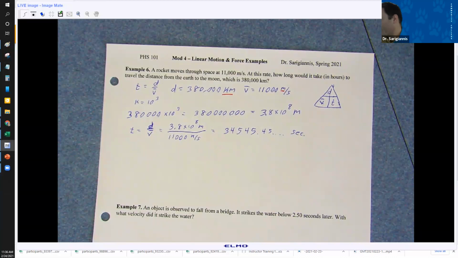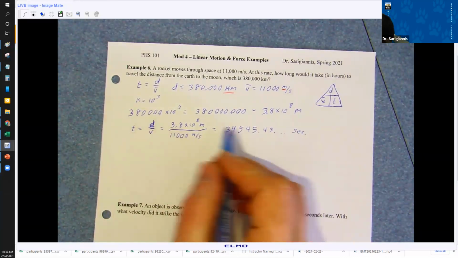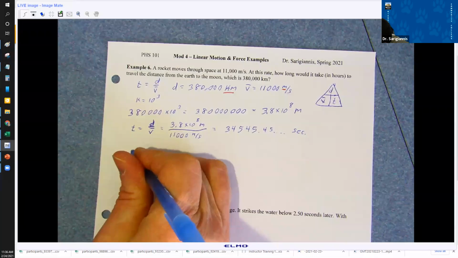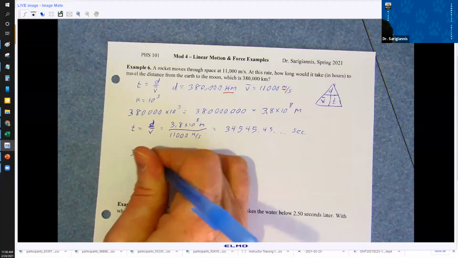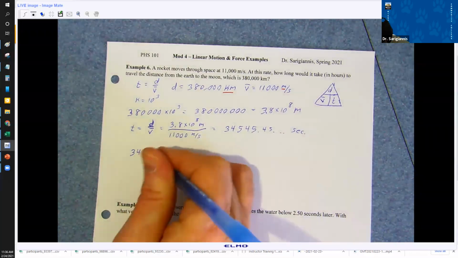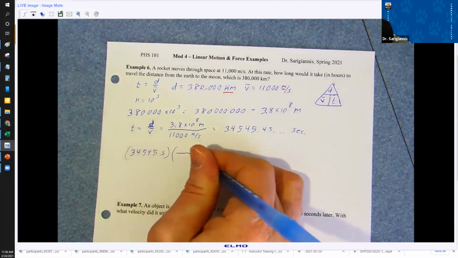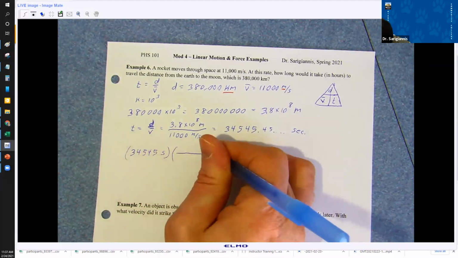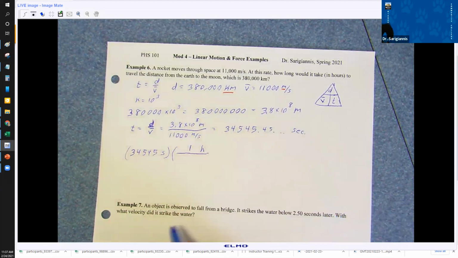I was going to try to make the point with the last problem, but that wasn't really a good problem for it. So now I'm going to take this and convert it to hours. So in case 1, I've got 34,545. I'm going to stop it there. This is seconds. And I want to get hours, right? 1 hour is how many seconds?